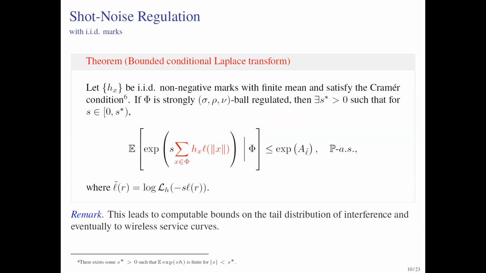Using the shot noise regulation, we can prove that if these marks are non-negative with finite mean, and they satisfy the Kaimat condition, if in addition the point process is strongly sigma rho nu ball regulated, then we can derive a tail bound on the Laplace transform of the shot noise conditioned on the point process phi.